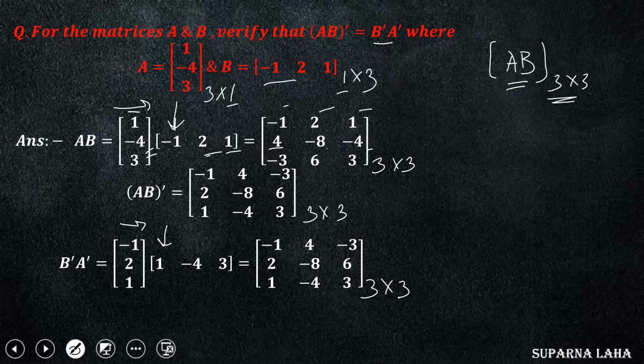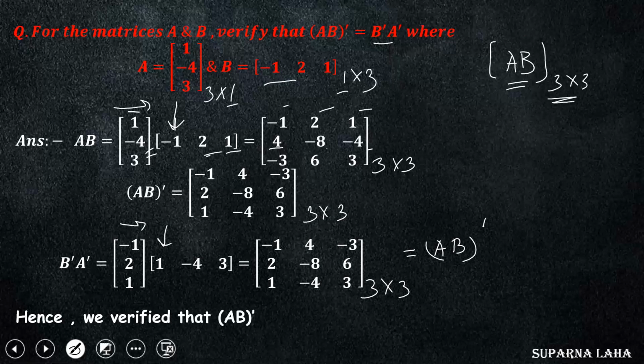And look at that, these two matrices are the same. So hence we verified that AB transpose is equal to B transpose into A transpose. This property is very, very important, and don't think that AB transpose is A transpose into B transpose.